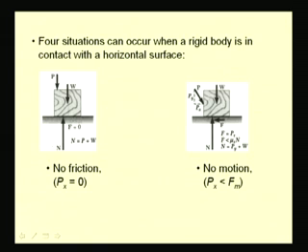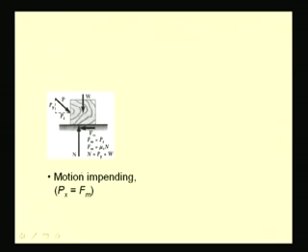So, here this force Px is balanced by this force F. When the motion is impending, in that case we have Px equal to the maximum limiting force Fm. So, only for this impending motion case we have the relation between this frictional force, which is equal to Fm, and n as Fm equal to mu s times n.